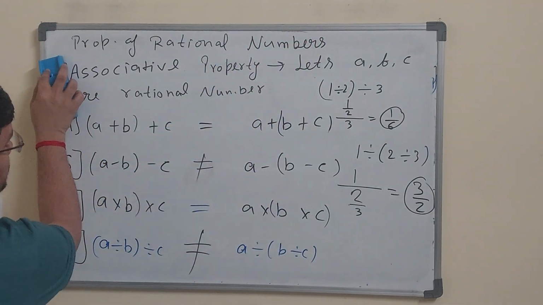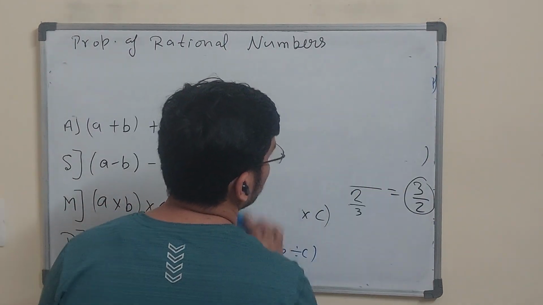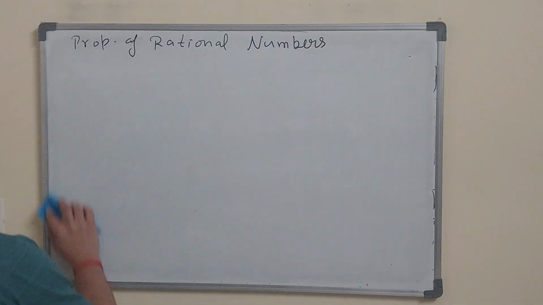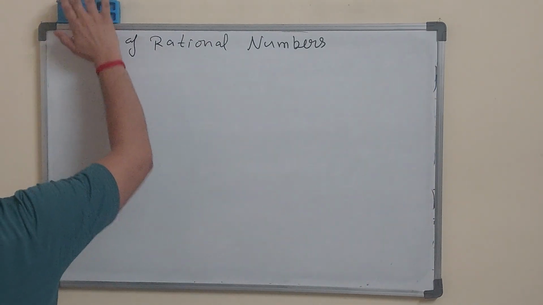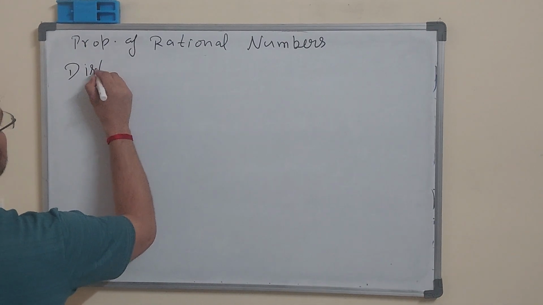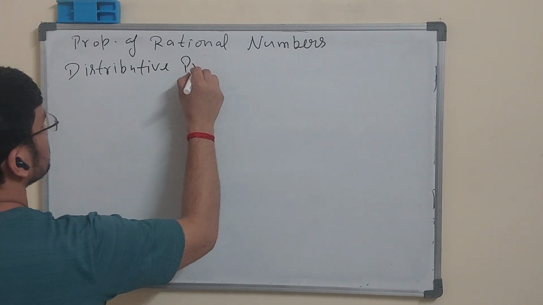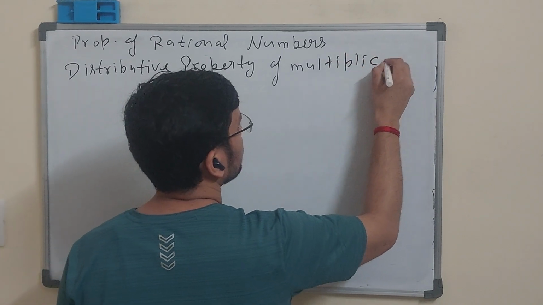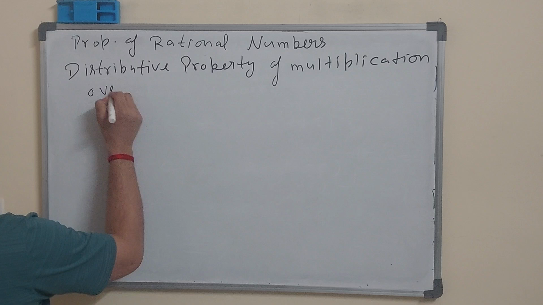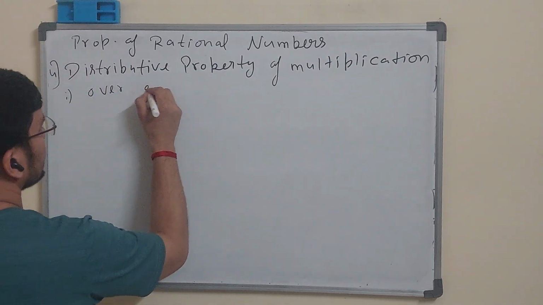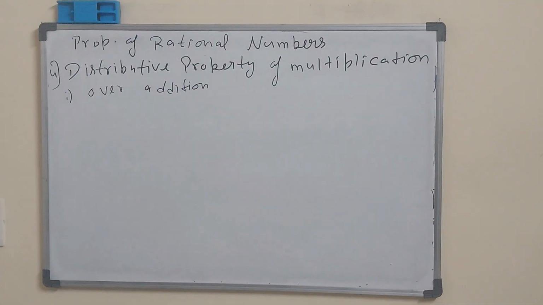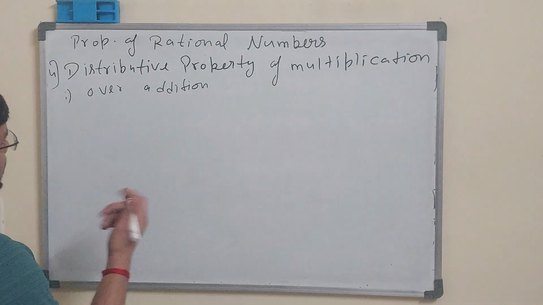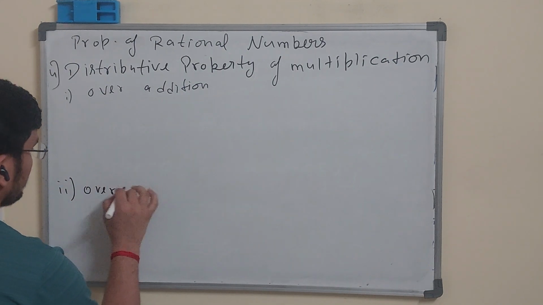Next property will be distributive property. From the name itself it is clear that we have to do distribution. Distributive property of multiplication over addition, this is the first case of property 4, and the second will be over subtraction.